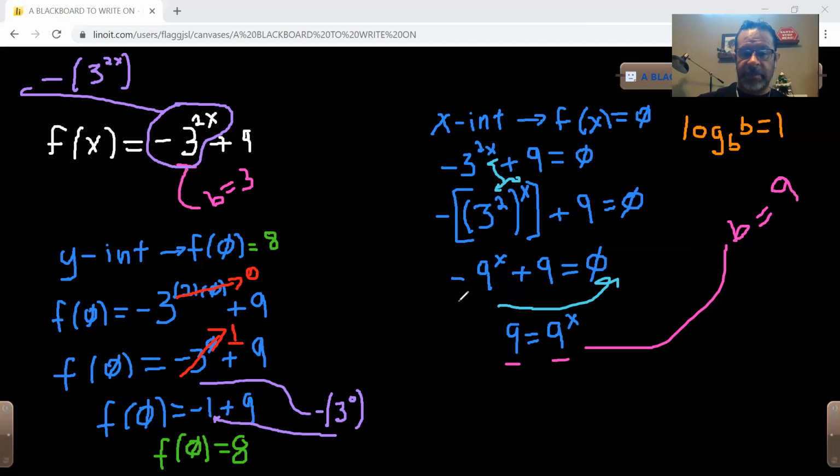So basically what I'm going to do here is say the following. I'm going to apply the same operation to both sides. So I'm going to apply the log base 9, I'm going to use the same base of 9, equals the log base 9 of 9 to the x.